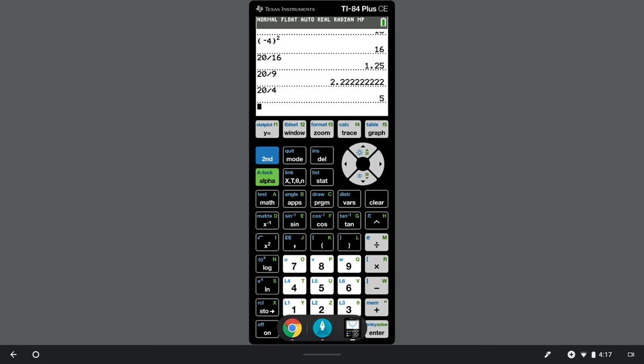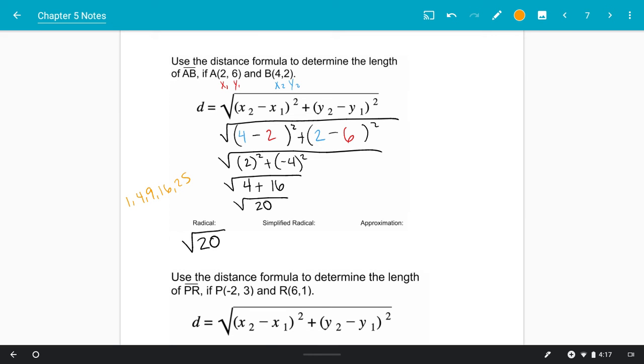So instead of 20, we are going to rewrite 20 as the square root of 4 times 5 and split that. Square root of 4 is 2 because it's the second number in the list. So it's 2 square root of 5. That is your simplified radical.